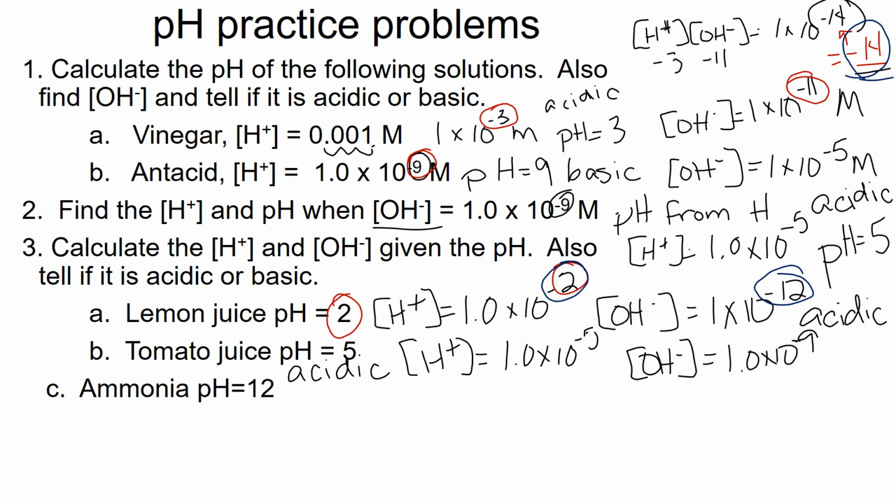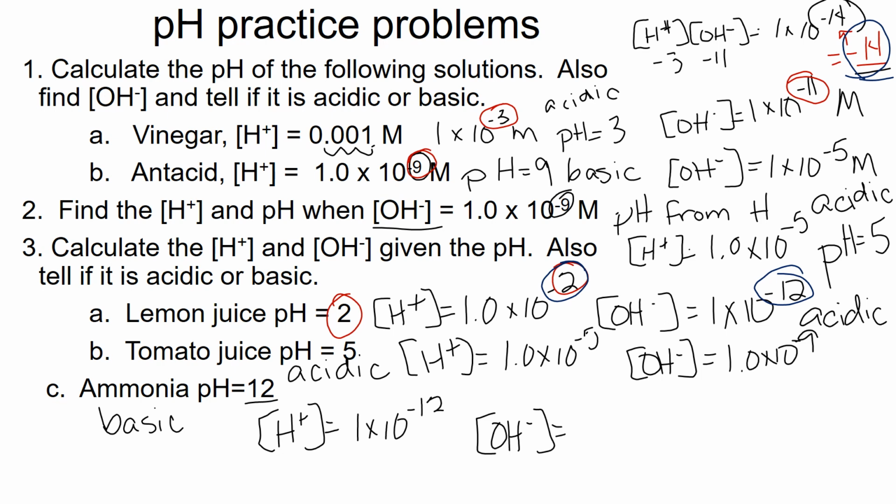And the last one, ammonia, has a pH of 12. Well, that's basic, because that's bigger than 7. And we know our H plus is going to be 1 times 10 to the negative 12, because remember the pH gives us the exponent on the H, and our OH minus has got to be whatever minus 12 plus something equals minus 14, so this is 1 times 10 to the minus 2, because those two add to 14, and these are molar.